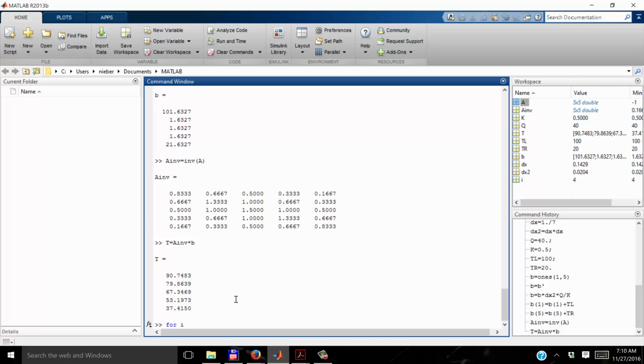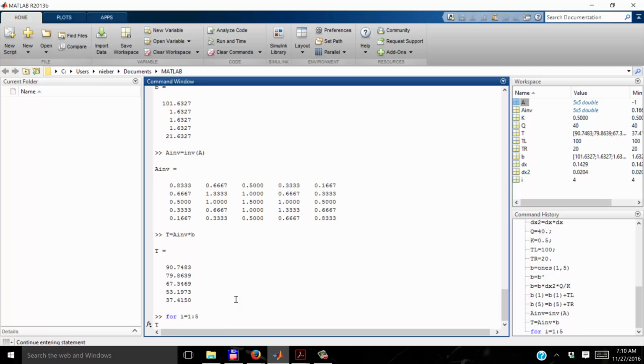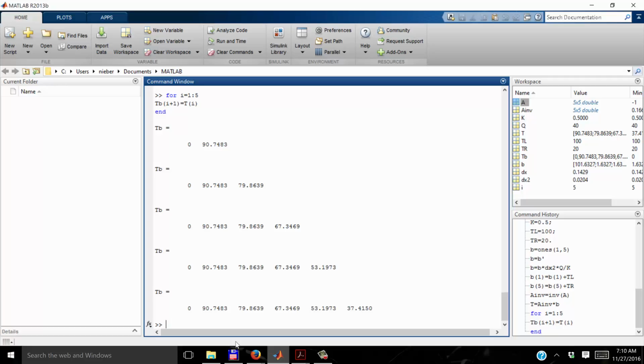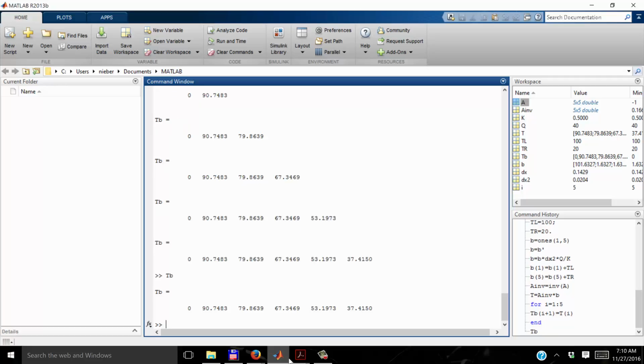I is equal to 1 through 5, and I'm going to create a new vector called TB, and we're going to use the vector of temperatures that we calculated above.